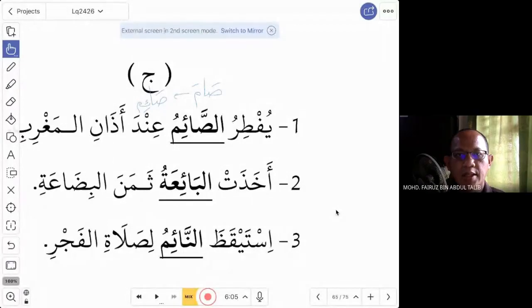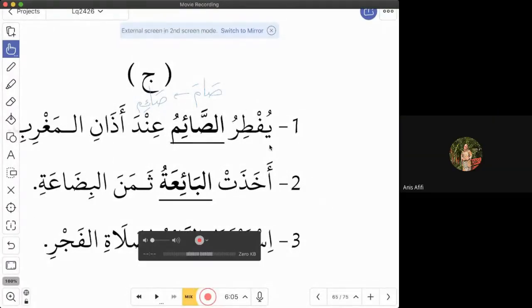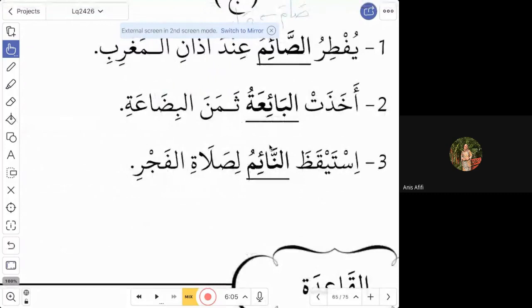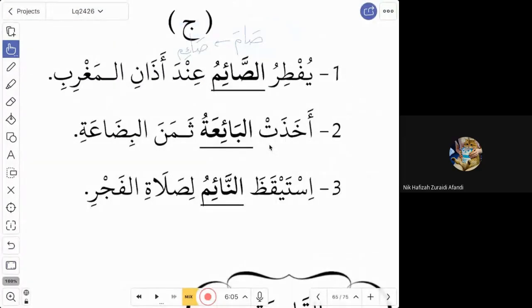Dah nampak skrin? Dah, Ustaz. Gerak? Dah gerak. Okay.